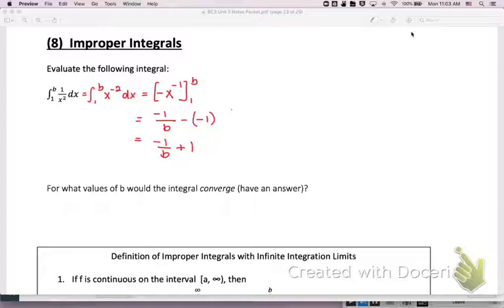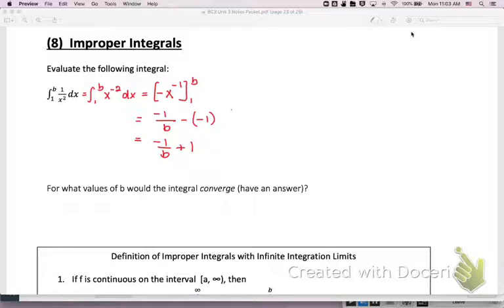Okay, now let's think about this. For what values of b would that integral converge? Meaning, what values of b would give you an answer? Well, 0 would not, but anything on either side of 0 is going to give us a number that would converge. Since b has to be greater than a, it has to be greater than 1.